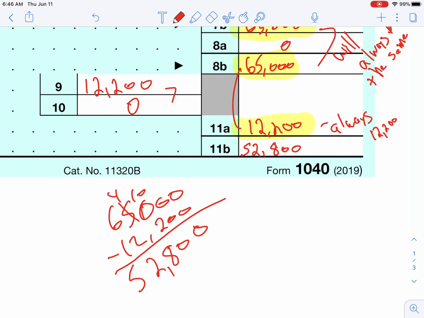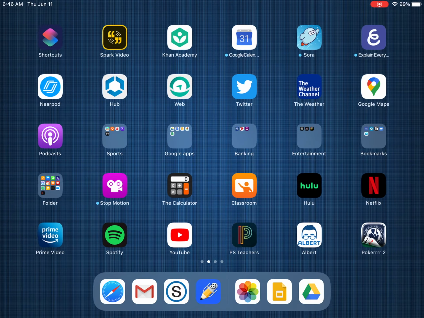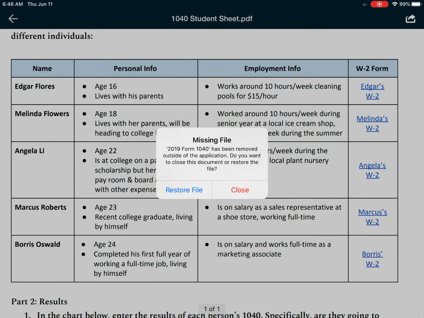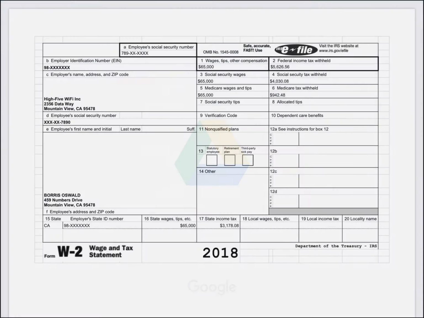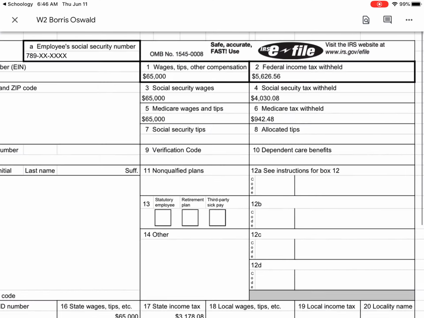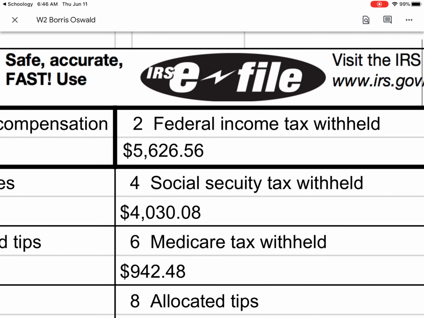Now, what does that mean? That means that throughout the whole year, I've been paying taxes, and I paid $5,626 in taxes throughout the whole year. I've already paid that. That money's already gone. The IRS has that.